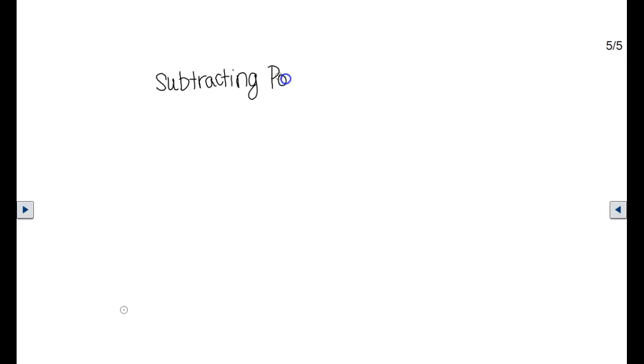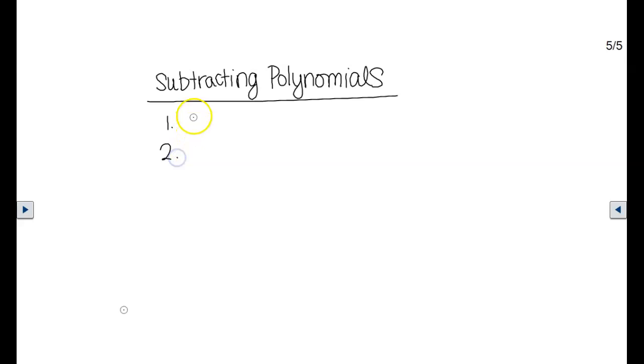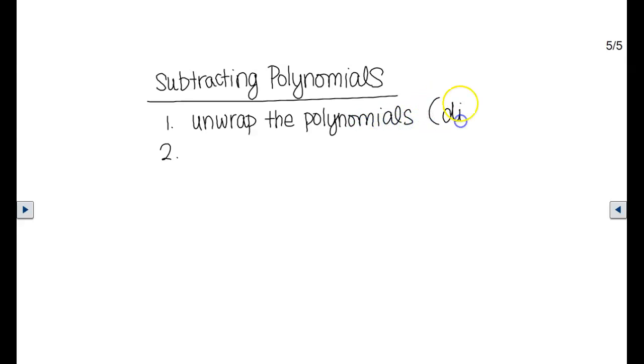So now let's talk about subtracting polynomials. What you're going to see here is that it is the same two steps. You are going to unwrap the polynomials, and that again will be done with the distributive property.